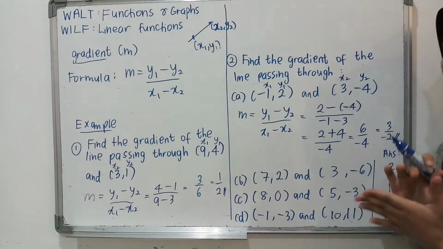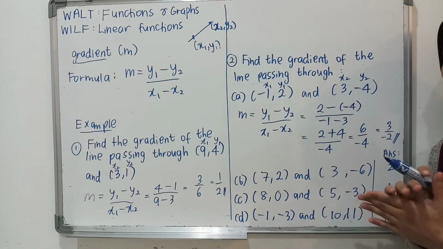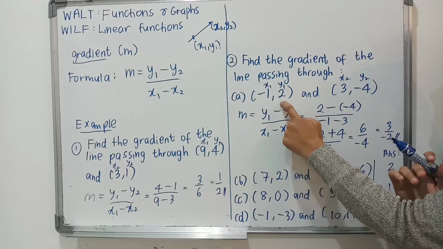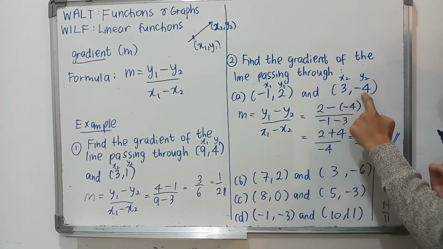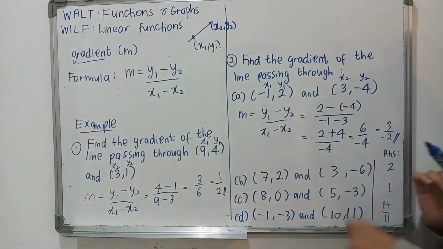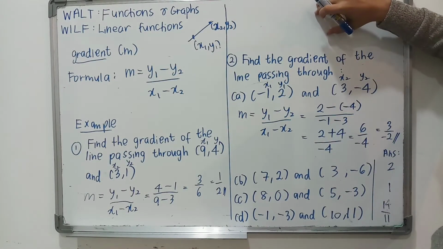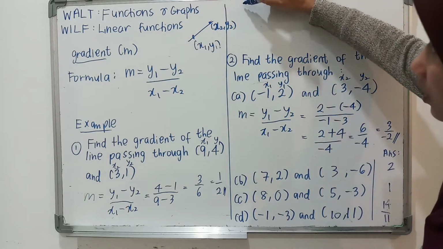Okay? So now, what if I want to change that one to be x2, y2, and this one to be x1, y1? What happens to the equation? I want to do my workings here. So now I change.